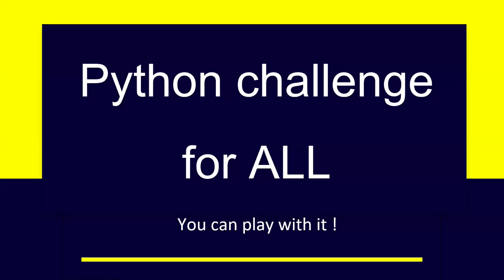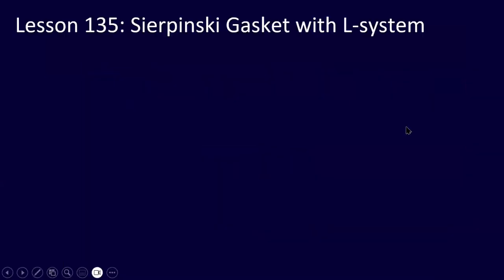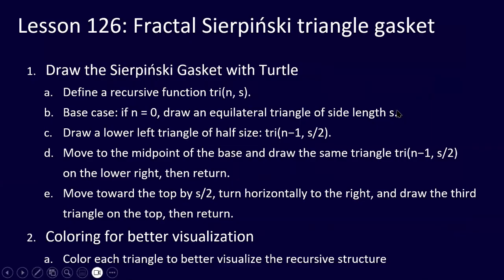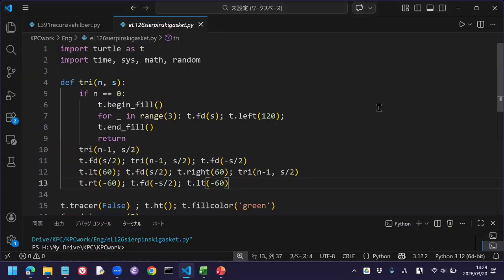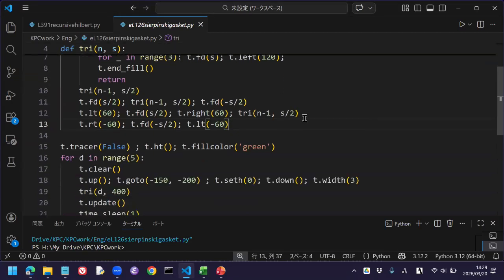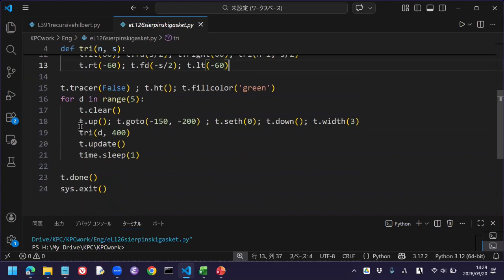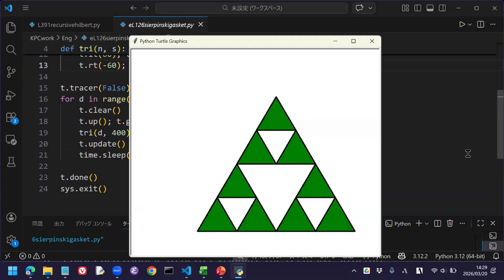Okay, remember, today what we're going to do is Sierpinski gasket using L system. Do you remember we drew Sierpinski gasket using just simple recursion? Yeah, it was like this, lesson 126. We recursively called the function triangle to draw Sierpinski gasket, which was like this: 0, 1, 2, 3, 4, 5, 6.